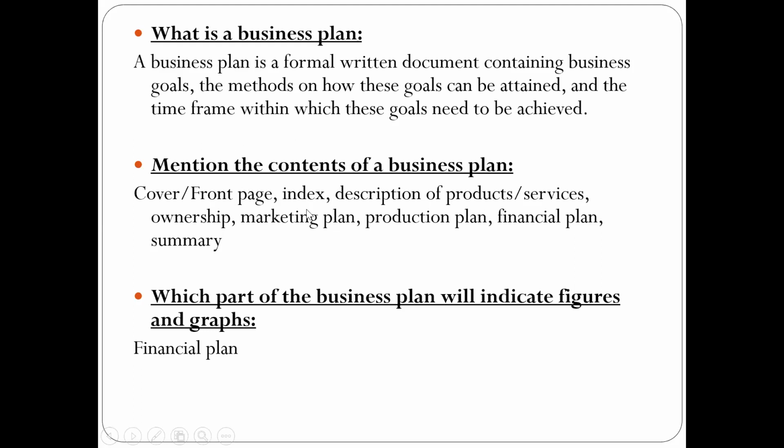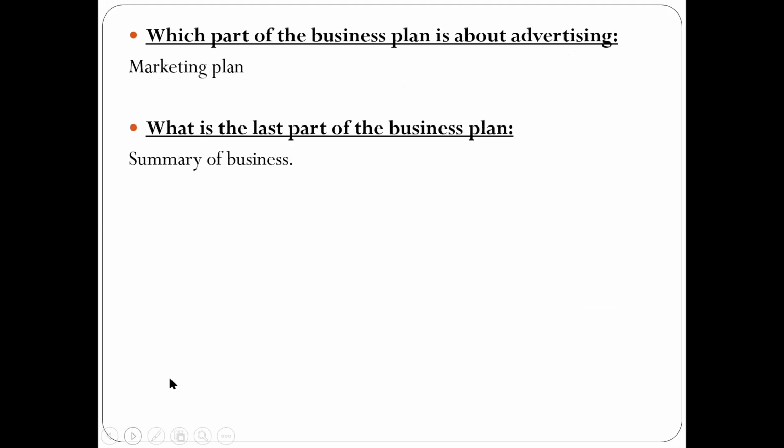Question 2, 5 marks. Question 3, 1 mark. Right, then we go to question 4. Which part of the business plan is about advertising? There's only one answer, and that is the marketing plan, also for 1 mark.